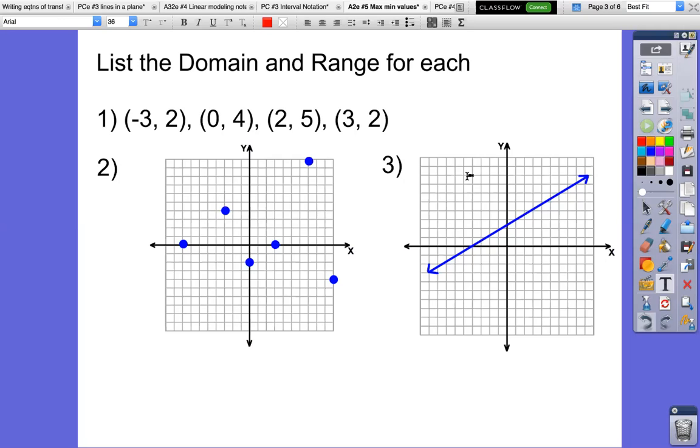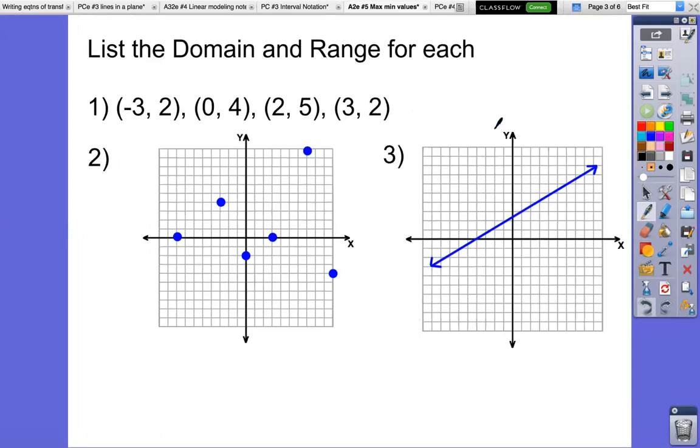If you don't understand, you need to ask questions. So the very first thing I want you to do, and again, we're starting off Algebra 1 style on number 1, change to red, your domain and your range.